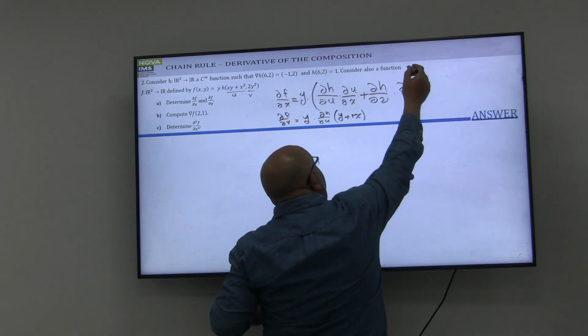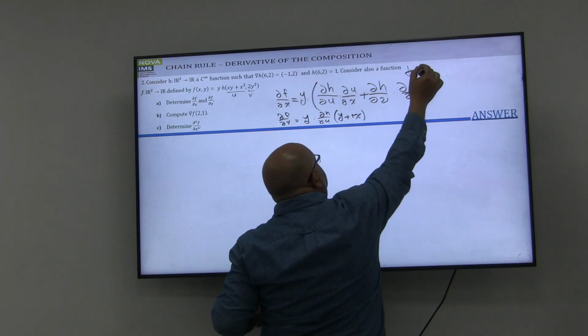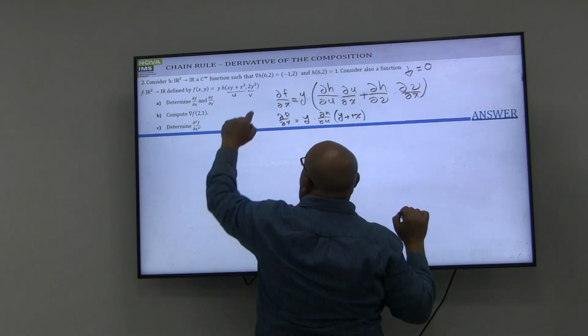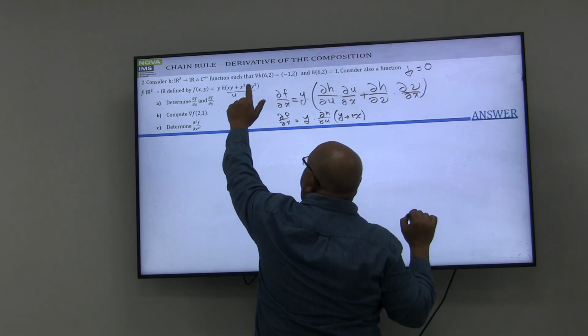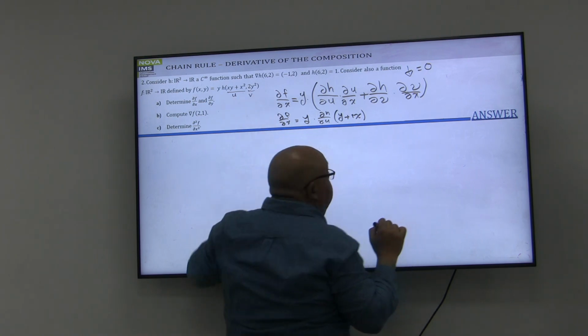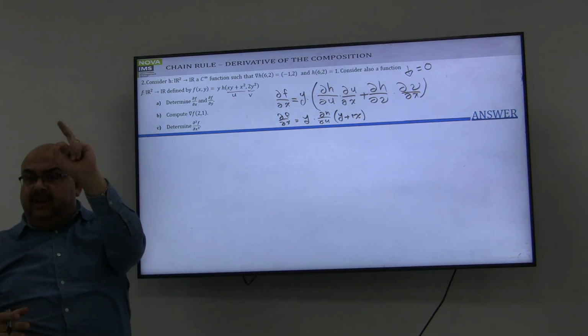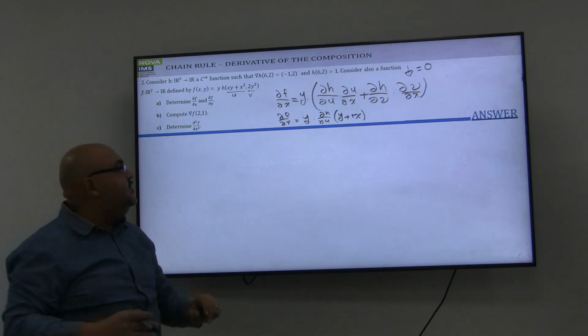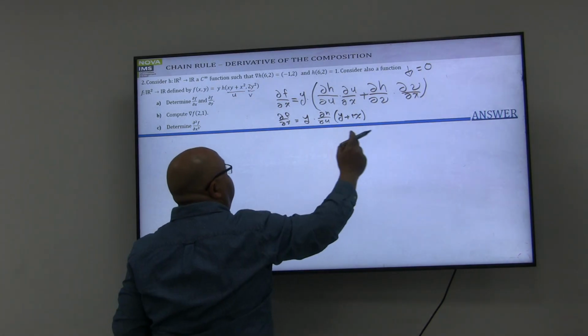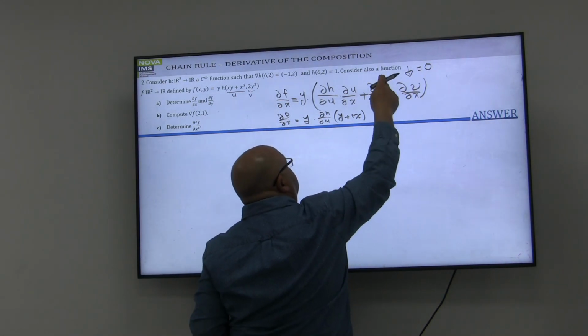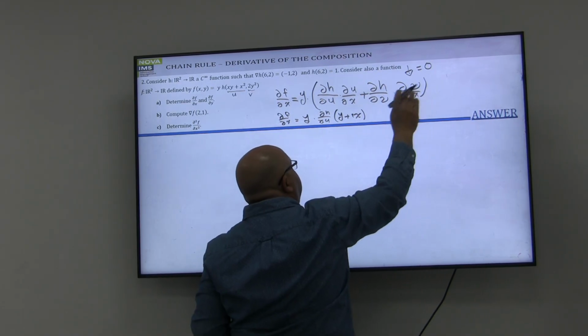Because simply partial v, partial x is going to equal 0. If you look at v, v is just 2y squared. So differentiating 2y squared with respect to x will leave you with 0. 0 times whatever is going to be 0. So it says 0 times partial h, partial v, which is going to be cancelled.